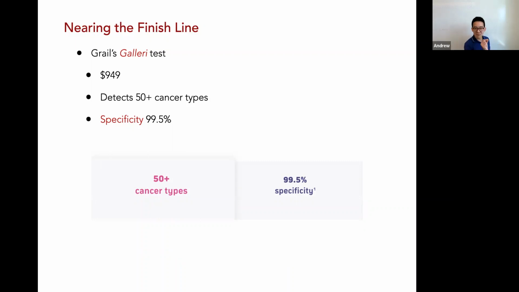So this specificity, again, the percentage of time that you correctly tell somebody who does not have cancer that they don't have cancer, that's frankly the most important number.